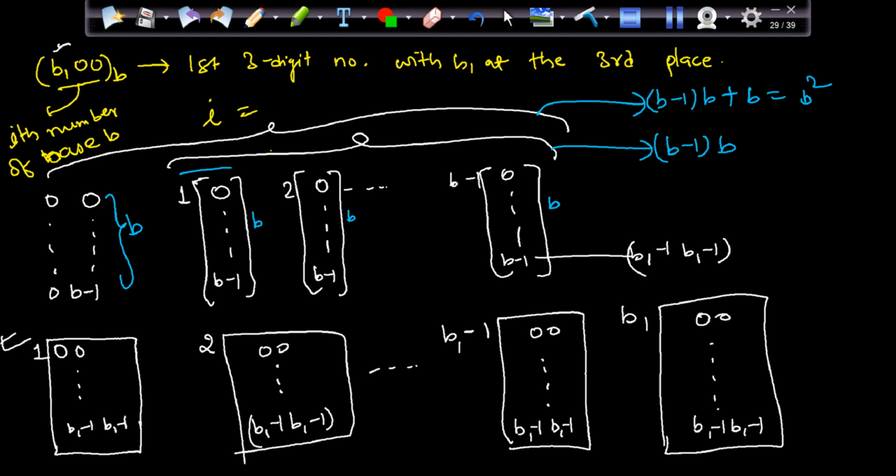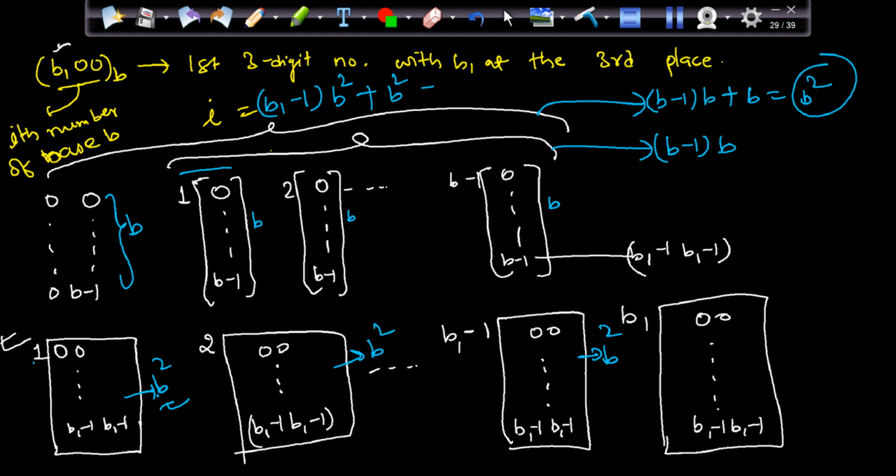So this is b square, this is b square. What will the value be? From 1 to b1 minus 1, you add b square, b1 minus 1 times, giving b1 minus 1 into b square plus b square, and this is equal to b1 into b square.